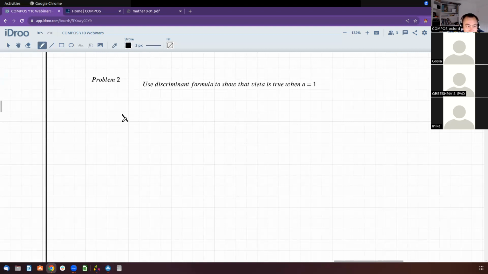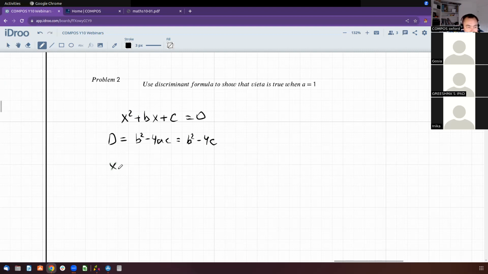So that means x² + bx + c = 0. The discriminant formula is b² − 4ac, but a is 1, so it's b² − 4c.